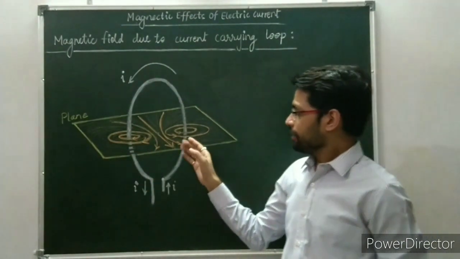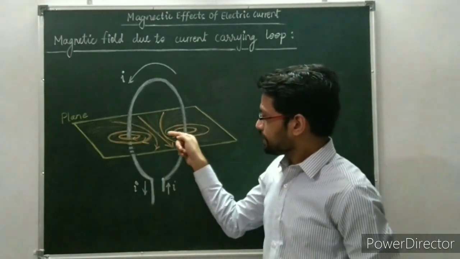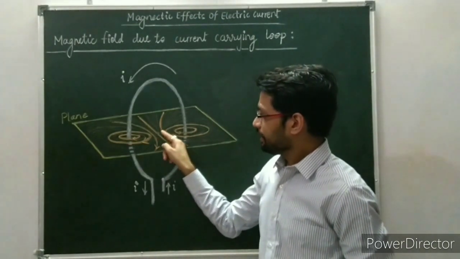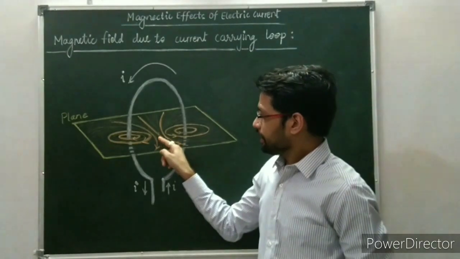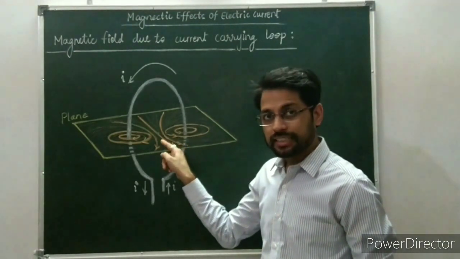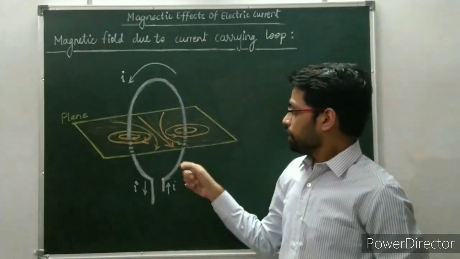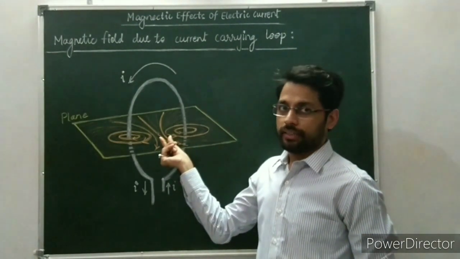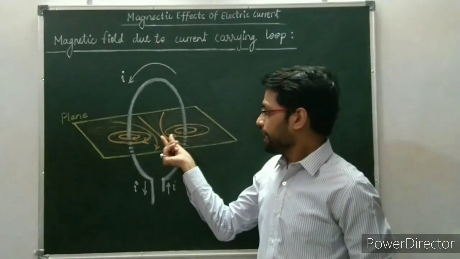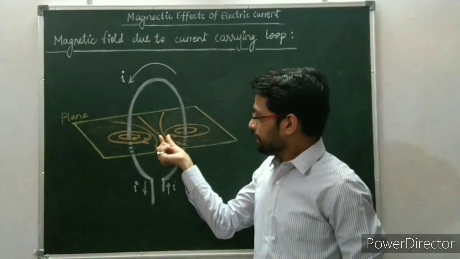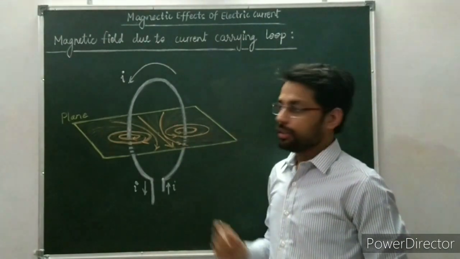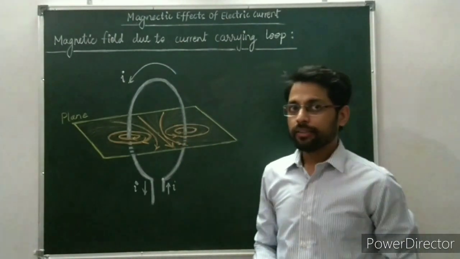And as we move toward the center of the loop, the magnetic field lines are straight or equidistant. This type of magnetic field is known as uniform magnetic field. So we get a nearly uniform magnetic field at the center of the current carrying loop.